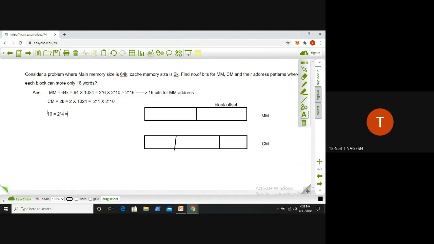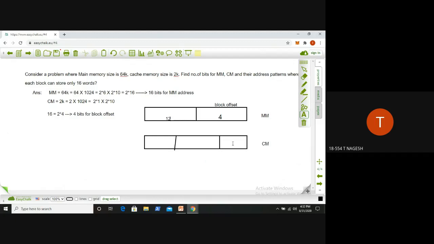So I require 4 bits of the main memory address for the block offset. Here 4 bits, and the remaining 12 bits will be used to represent the block number.